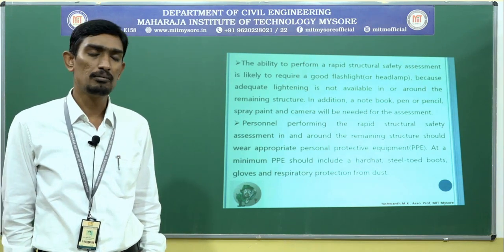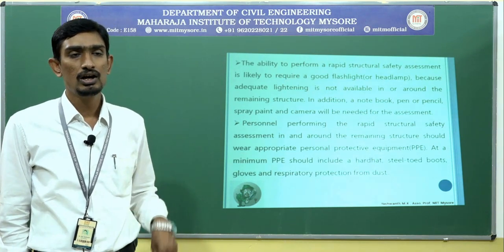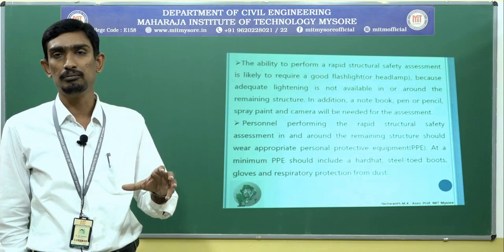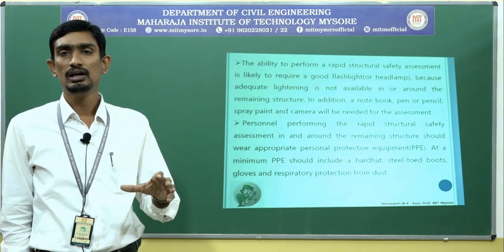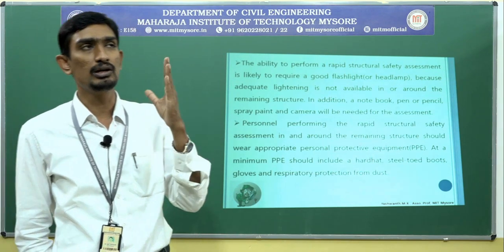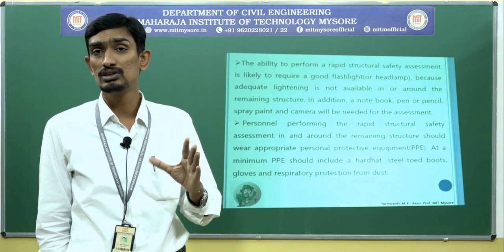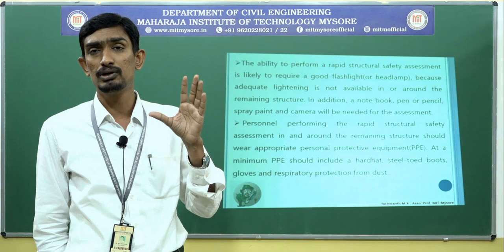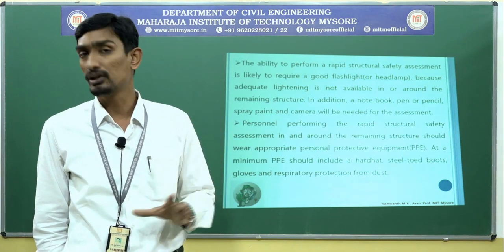Because you will come across a situation where you need to give an immediate conclusion for that particular building. If the collapse is more, then you need to immediately diagnose and state the condition, because if anybody is going to occupy that area, or if any person is working under that, it is too dangerous.